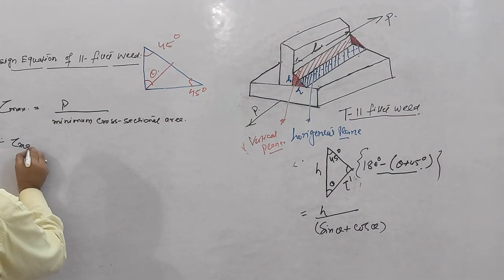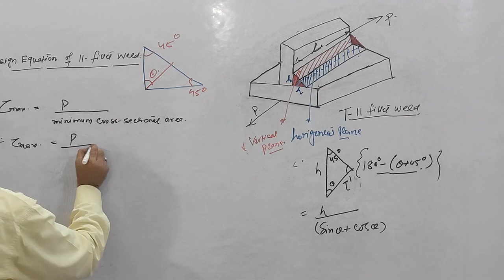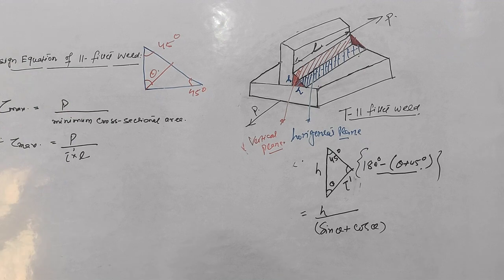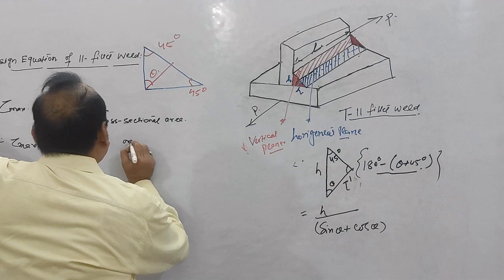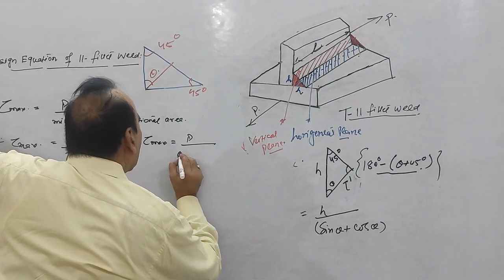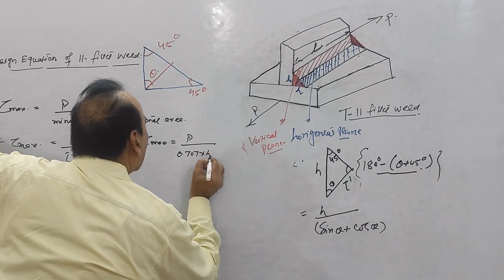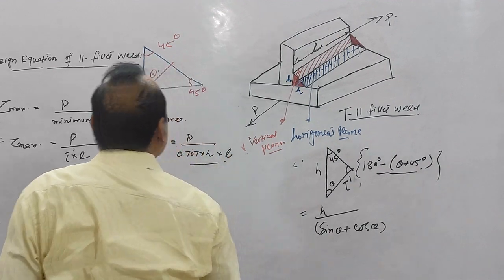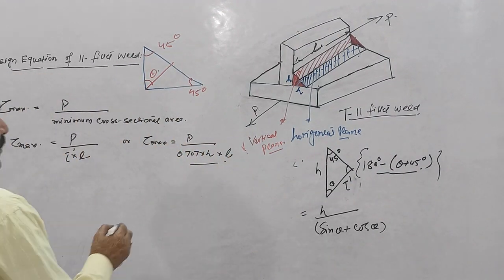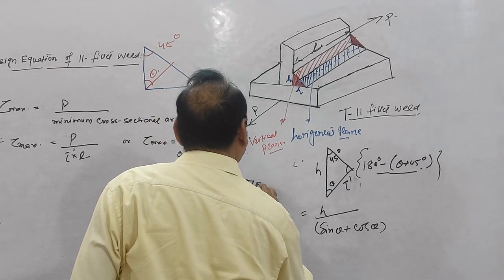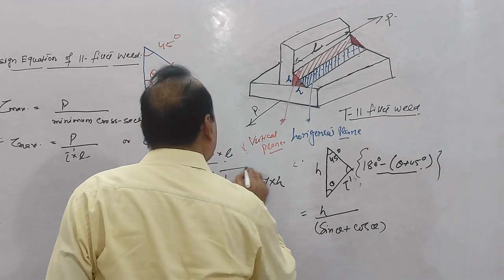Therefore tau max is P upon T dash into L. You understand this? So what is your T dash? That I have just calculated, so tau max is equal to P upon 0.707 into H into L, right? What was the value of T dash? T dash is equal to 0.707 into H. That is what I calculated.